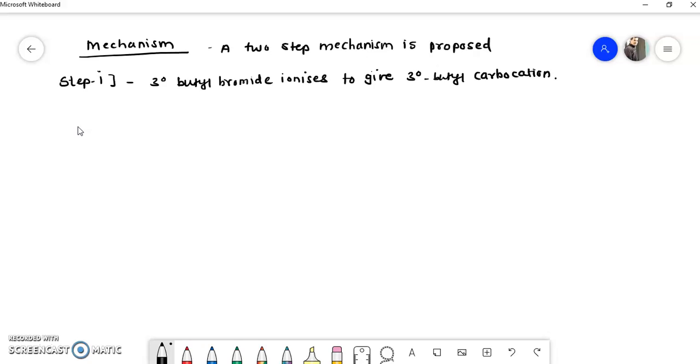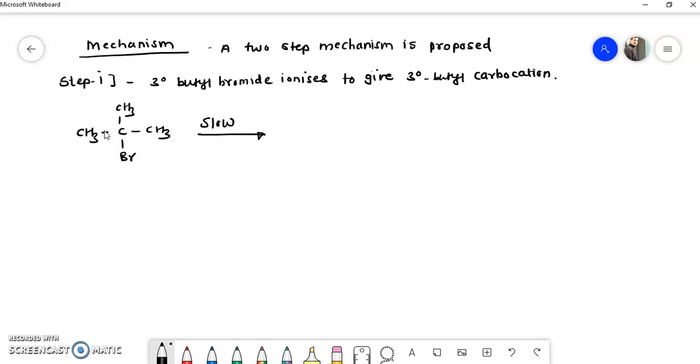This is the first step. I will write the reaction here. This is tertiary butyl bromide, with CH3, CH3, and here it is bromine. The first step is a slow step. Remember, it is the slow step.